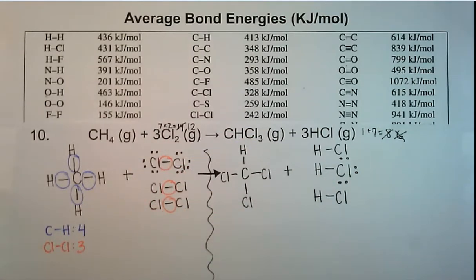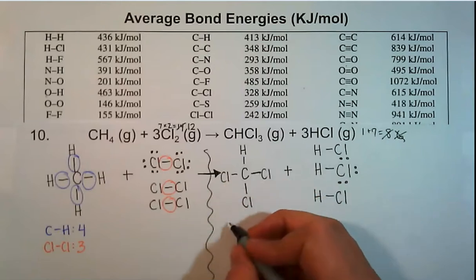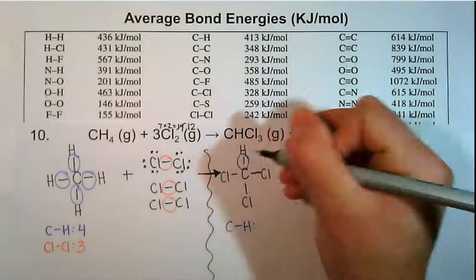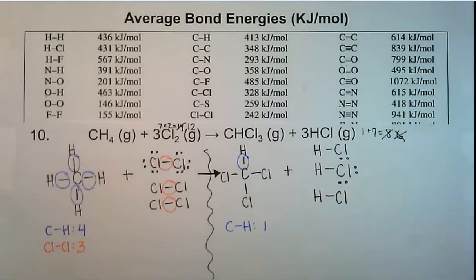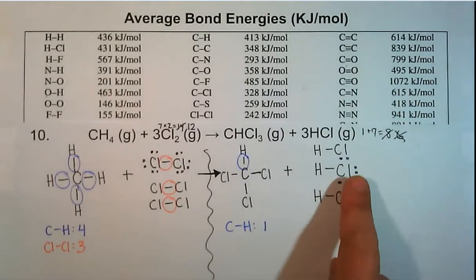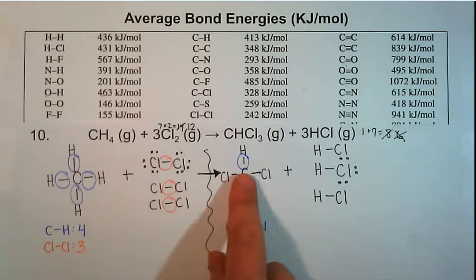Then on my product side, I counted everything on my reactant side. I'm going to look for similar bonds. Carbon-hydrogen, I do have a carbon-hydrogen bond. So I have just one of those types of bonds. Chlorine-chlorine, hydrogen-chlorine, carbon-chlorine, but no chlorine-chlorine bonds.